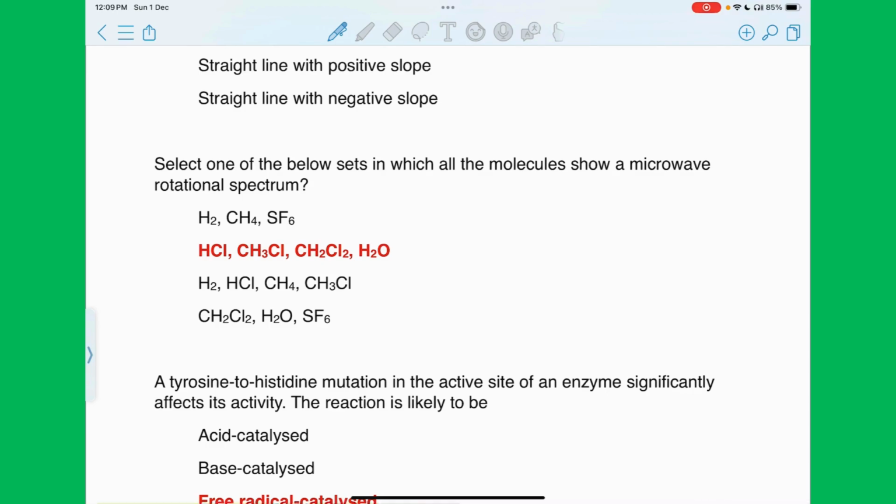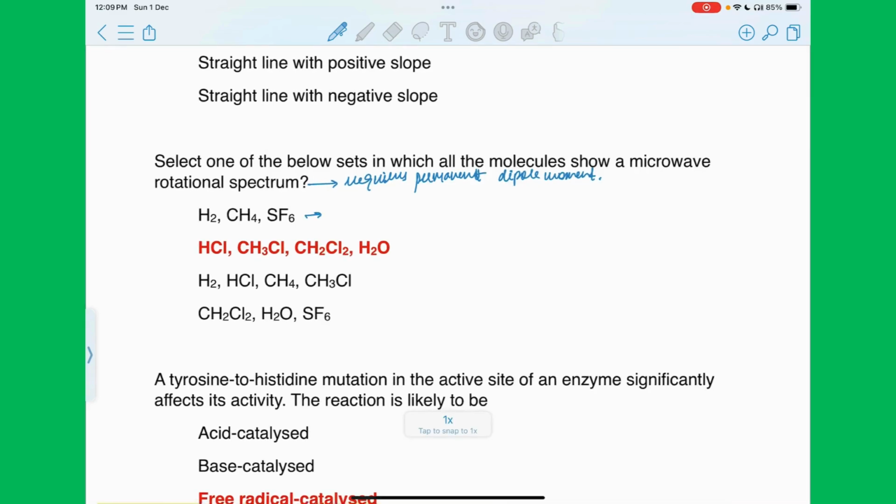Select one of the below sets in which all the molecules show a microwave rotational spectrum. We know that for a microwave rotational spectrum to be there, it requires a permanent dipole moment. So H2, CH4 and SF6 have no permanent dipole moment. HCl, CH3Cl, CH2Cl2 and so on all have a permanent dipole moment.